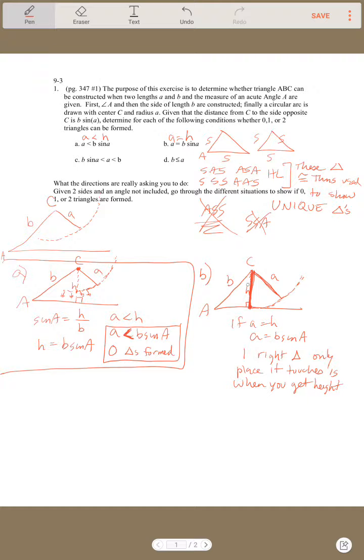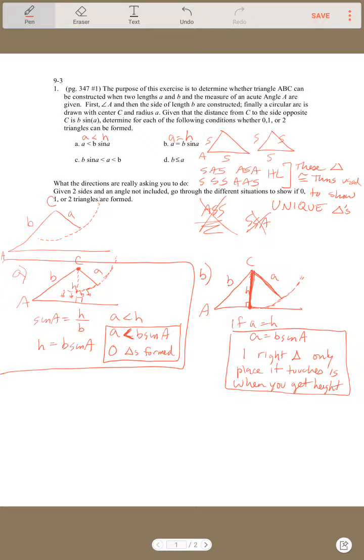Okay, so that's going to be our scenario 2, where that A value swings, and because A is a little bit longer, if it ends up becoming where A is actually the value of H, or B sine A, what you find out is that you end up getting one right triangle. Okay, so that's going to be scenario 2.